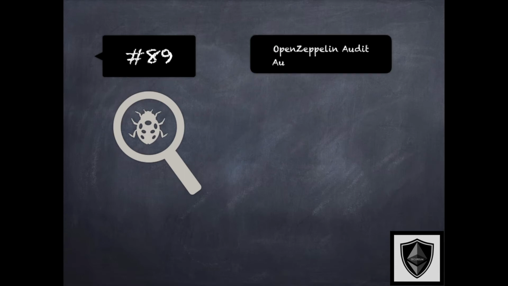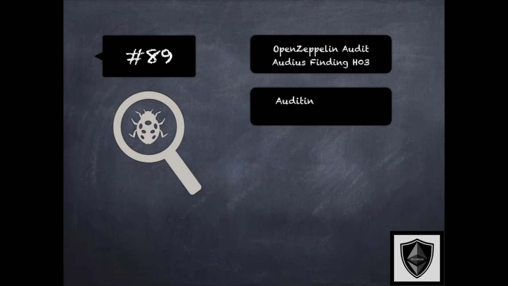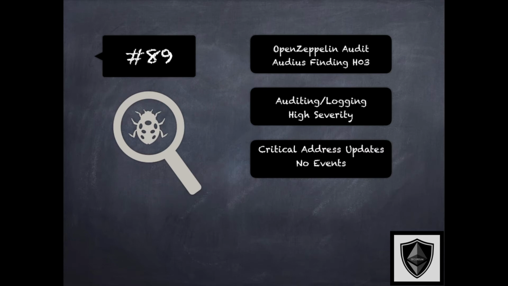89 is a finding from OpenZeppelin's audit of Audius, where it was a high severity finding related to auditing and logging, in which no events were emitted while updating the governance registry and guardian addresses. For context, in the governance contract, the registry address and the guardian address are highly sensitive accounts, which could be updated by calling set registry address and transfer guardianship respectively.